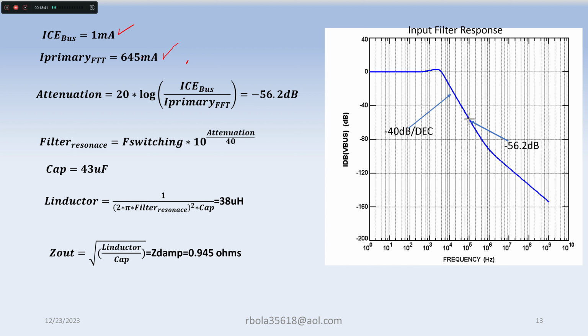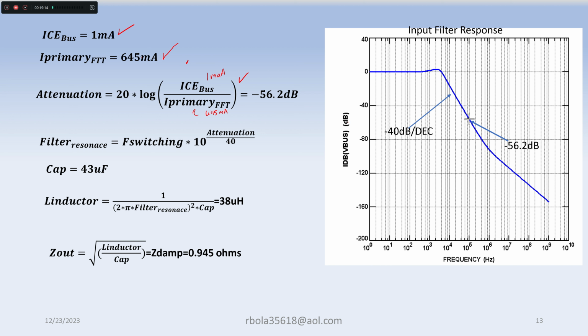So basically, you use this formula, which is attenuation equals 20 log of the ICE bus. Remember, this is supposed to be 1 milliamp. And the primary current is 465 milliamp. So to get that attenuation, you need negative 56.2 dB.